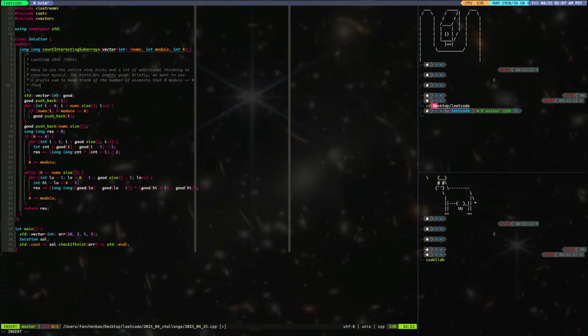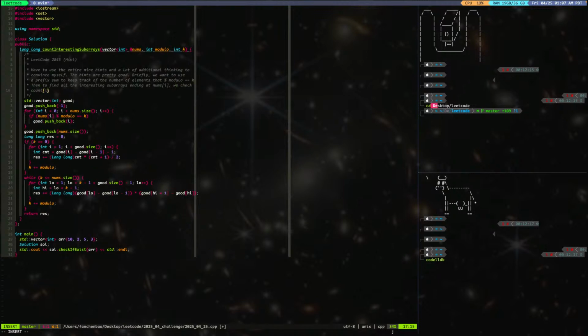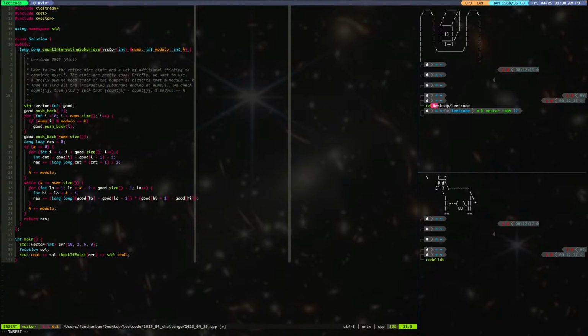And then to find all the interesting subarrays ending at nums I, we check count I. Then find j such that count I minus count j, modulo equal to k. Right, that's the goal.